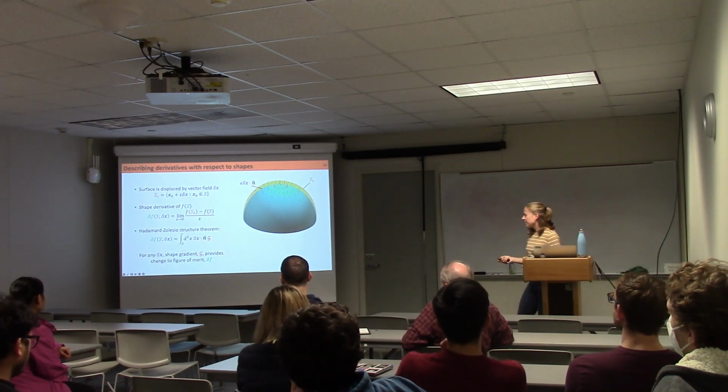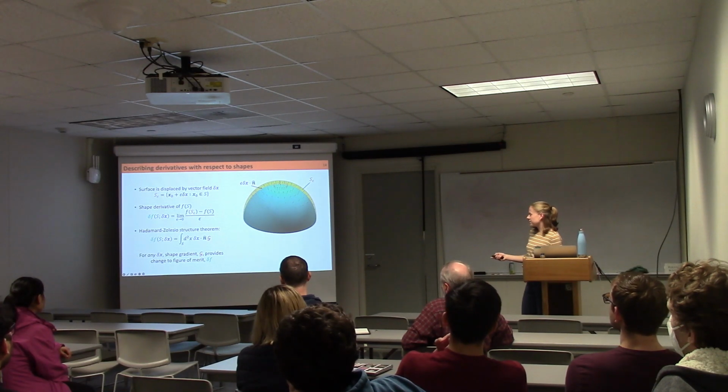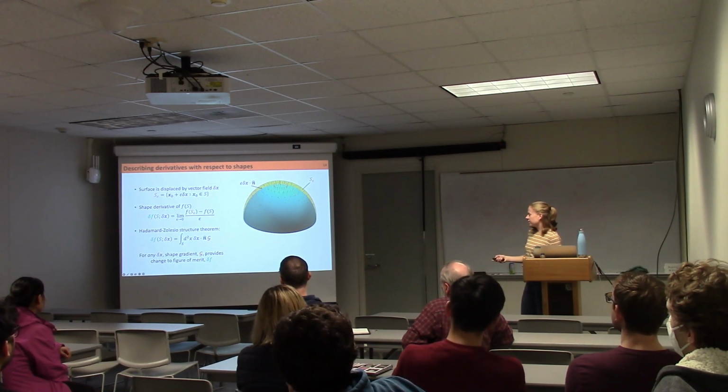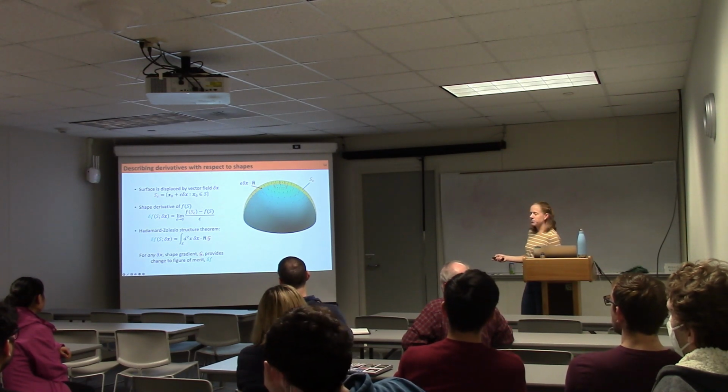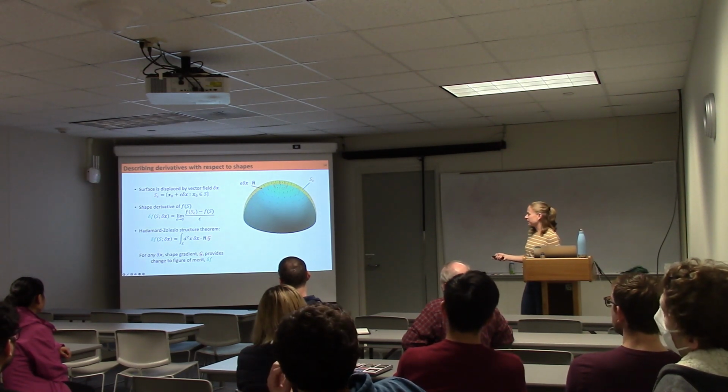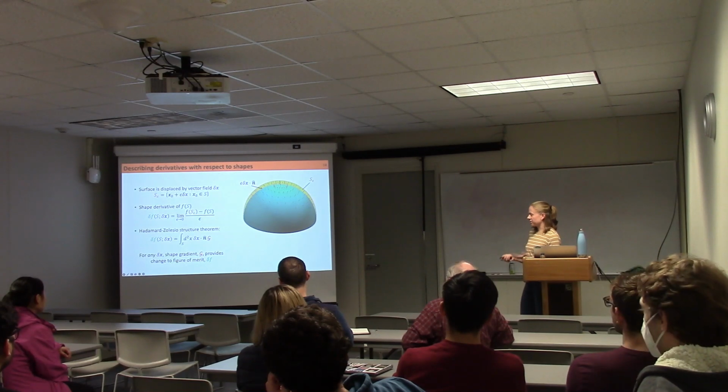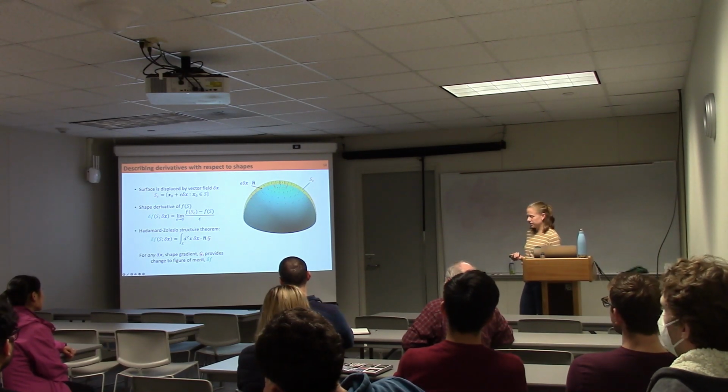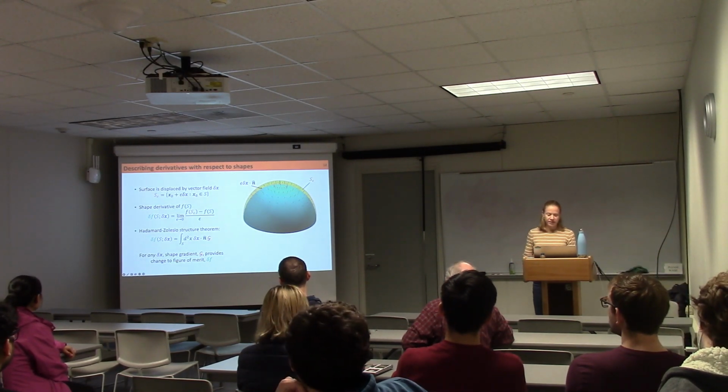And we have the Hadamard-Zolesio structure theorem, which tells us that the shape derivative of a given function can generally be written in the form of the shape gradient. So if we know what the shape gradient is, that essentially tells us all the derivative information that we need to know about our figure of merit.